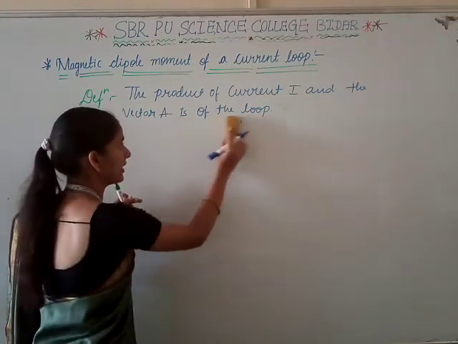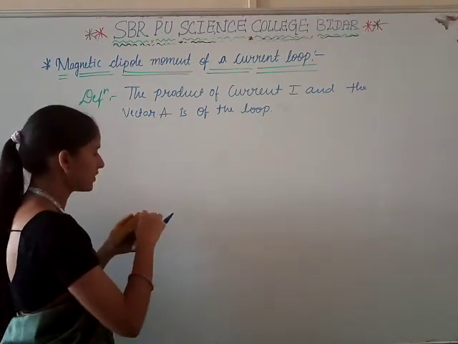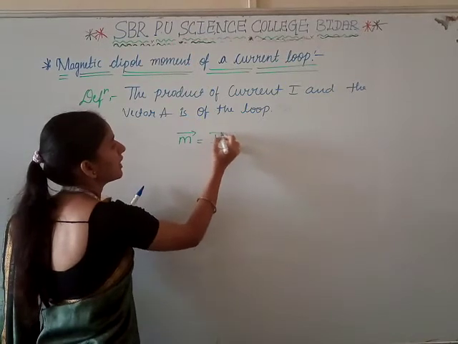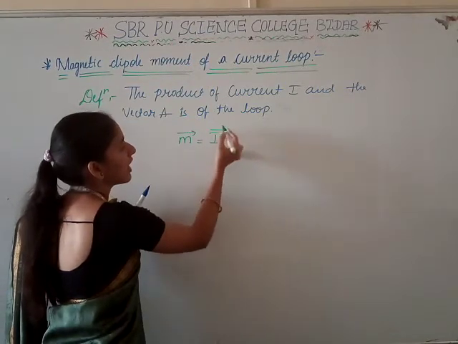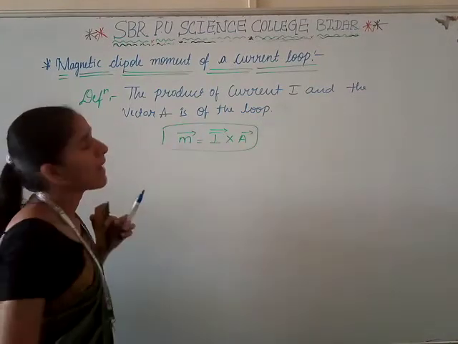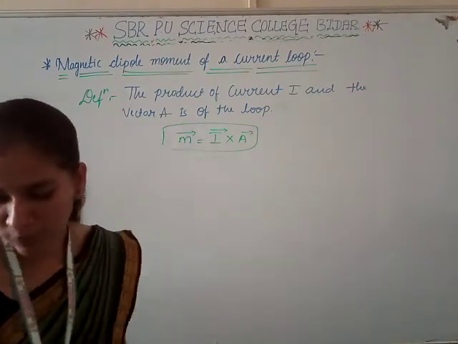It is represented as the product of current I and area vector A, that is, vector M equals I times vector A. This is the expression for the magnetic dipole moment of a current loop.